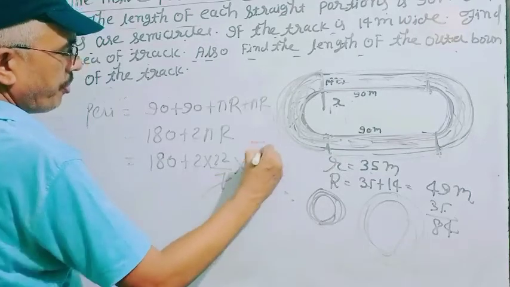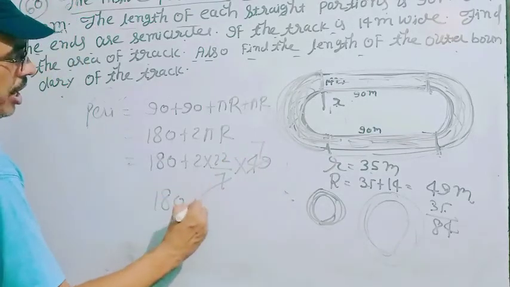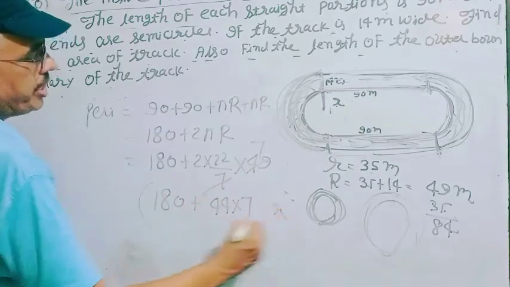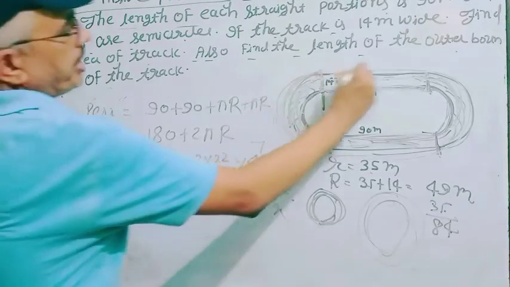So 7 sevens are 49, then it is 180 plus 44 into 7, and adding it gives the outer perimeter of the track.